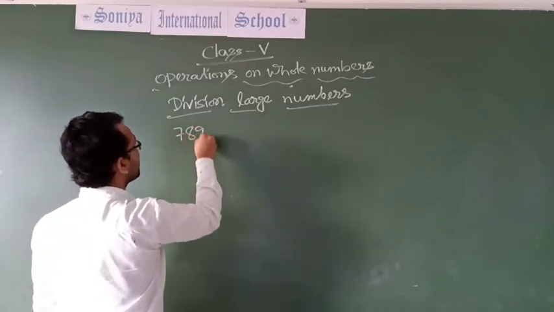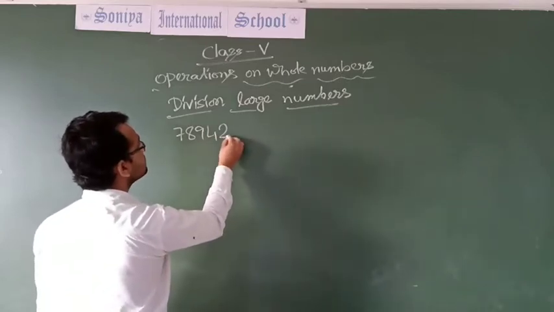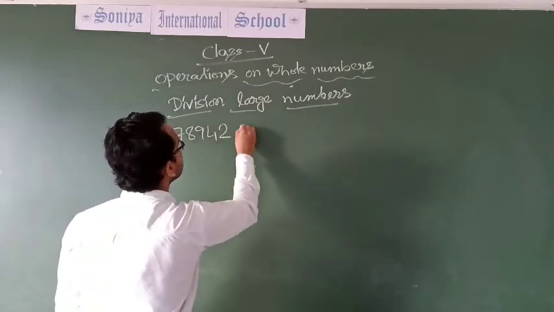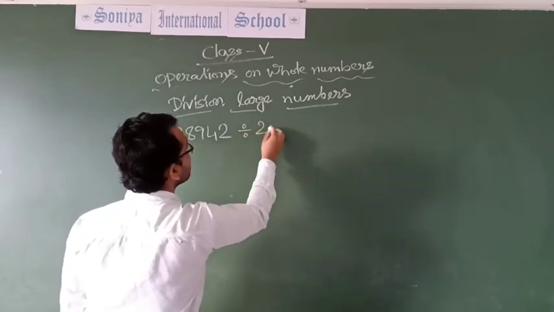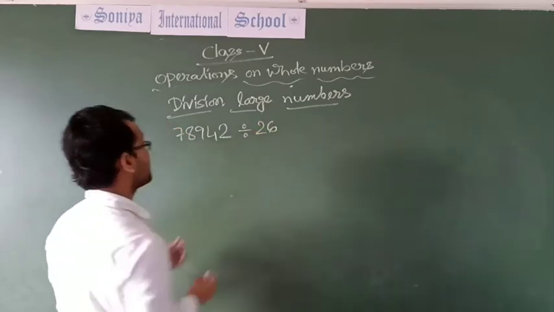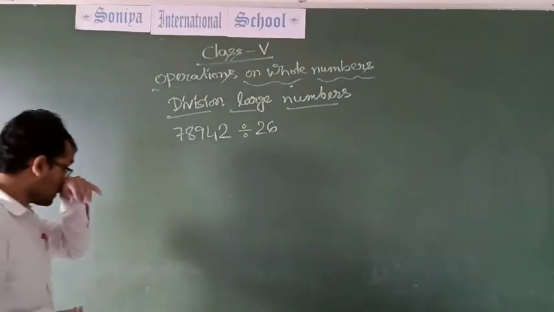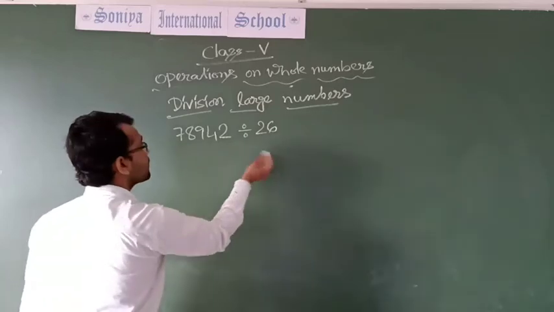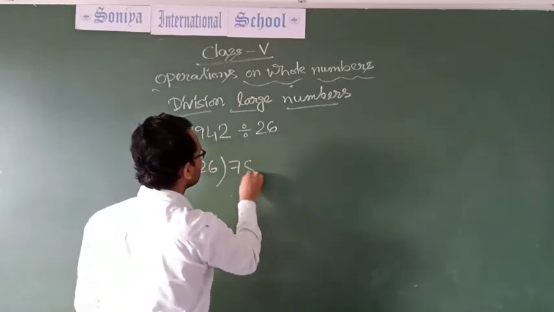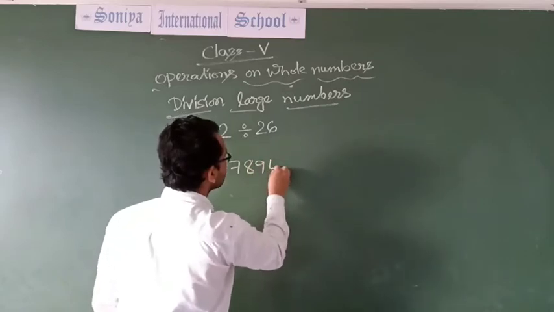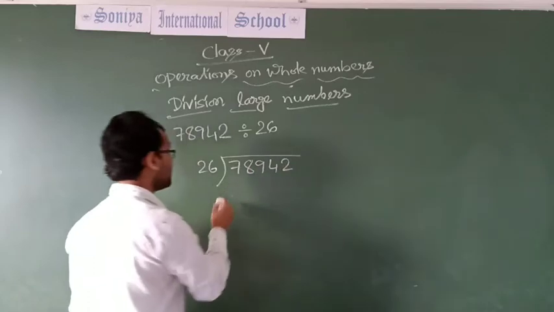78942 divided by 26. So write 26 and 78942 this way.